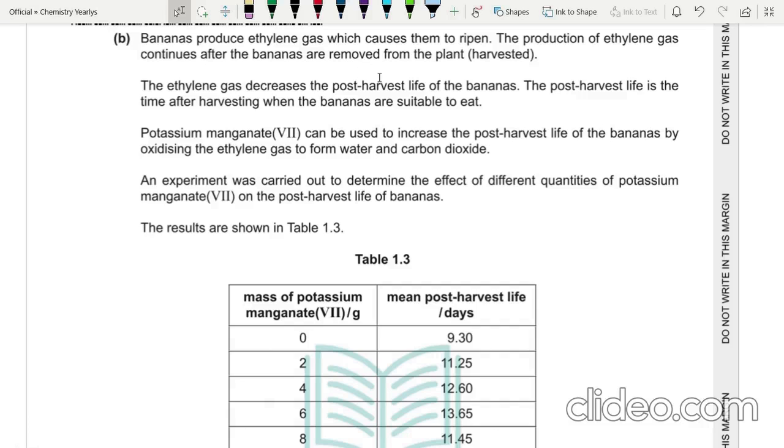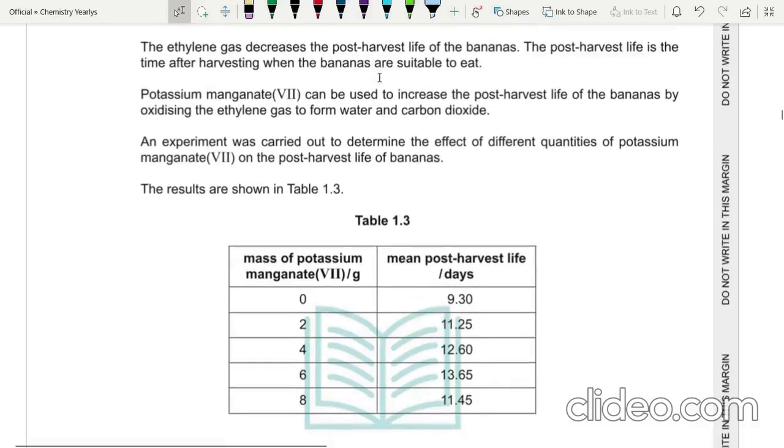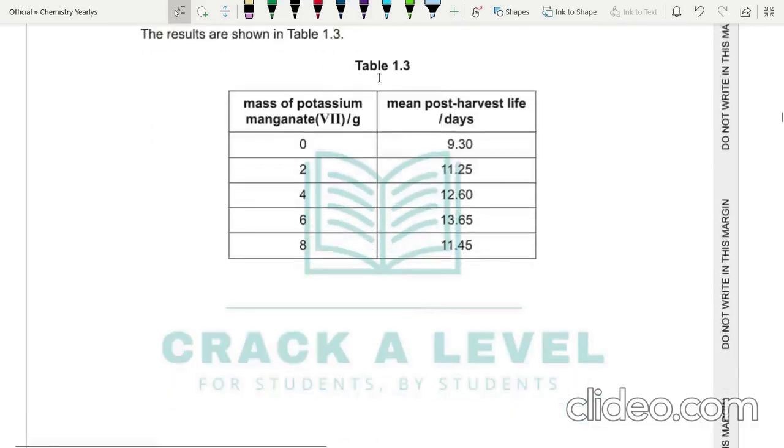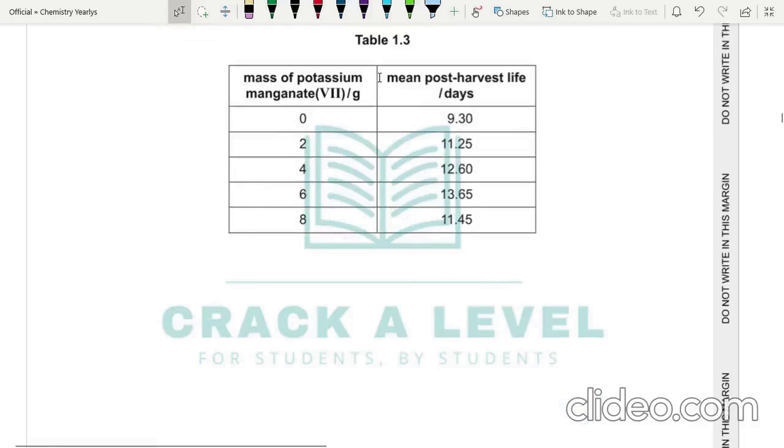So an experiment was conducted to determine the effect of different quantities of potassium permanganate on post-harvest life of bananas. The results are shown. We have a range of the mass of potassium permanganate on the x-axis from 0 to 8, and on the y-axis the lowest is 9.3 and the highest is 13.65.